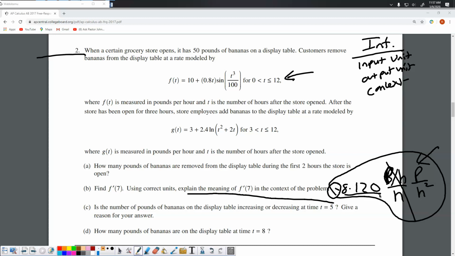So here's how we would write our answer for number 7. At t equals 7, and that's hours, there's my input units.